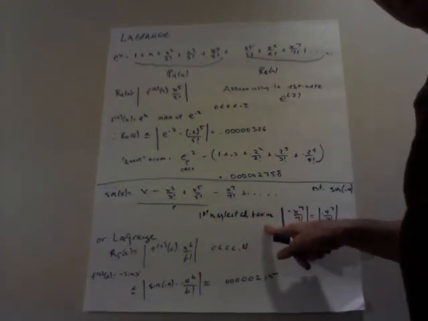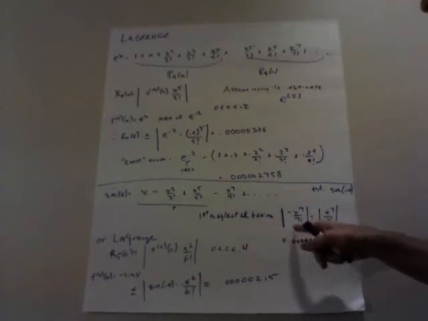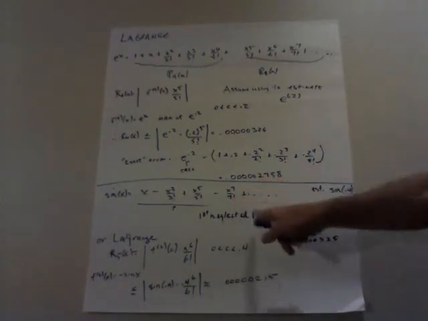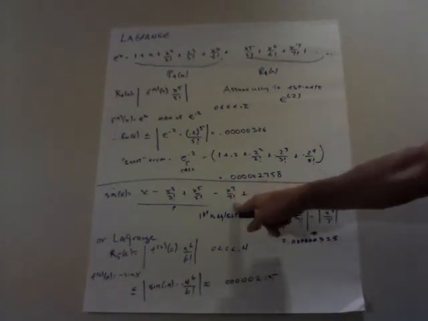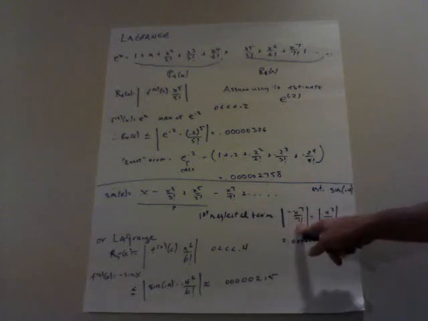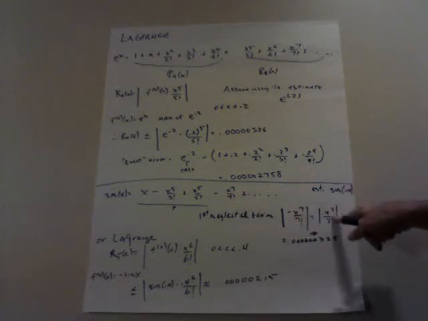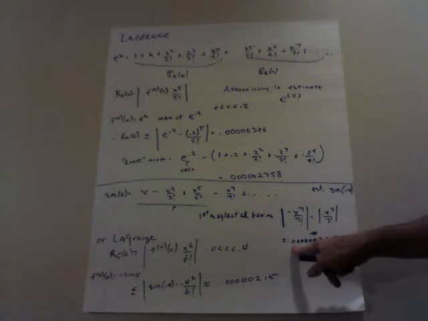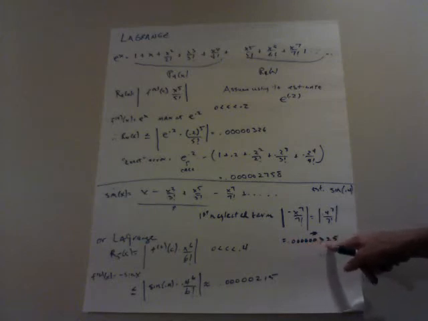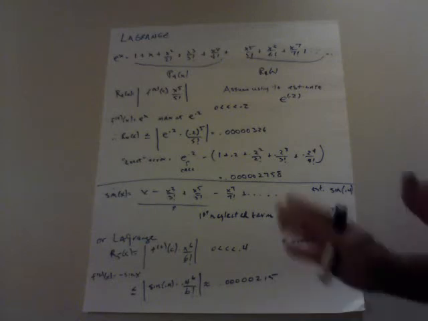That's from our previous information. So in this case, it would be the absolute value of x to the seventh over 7 factorial, which I calculated with 0.4, is equal to this very small number you probably can't see, 0.000000325. Very small.